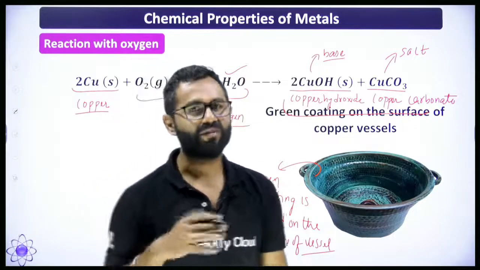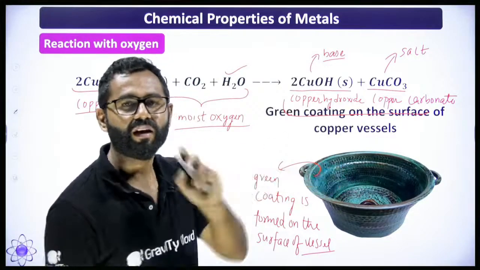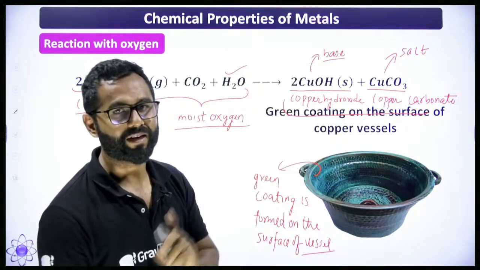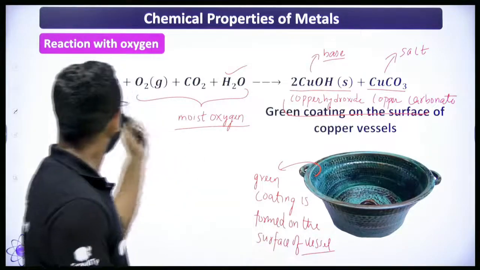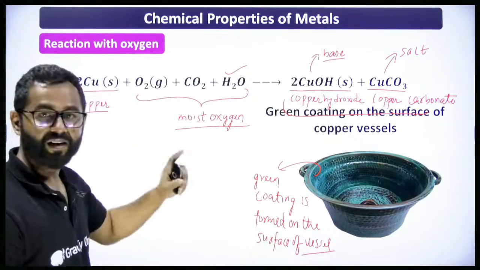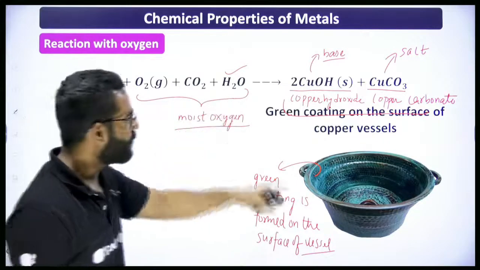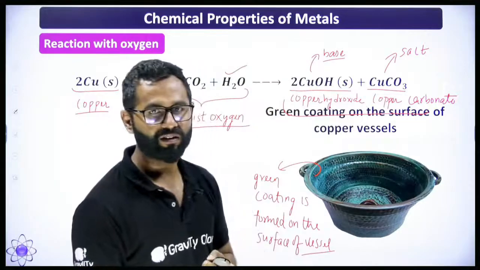Slowly, green spots will appear on the surface of the vessel or metal. Those green spots appear because the copper reacted with the oxygen present in air along with the moisture, and formed a copper hydroxide and copper carbonate layer over it.